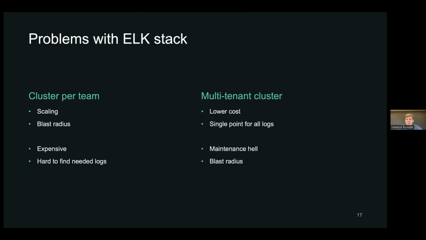When some team, for example, starts writing lots of logs into your Elasticsearch cluster and it goes down, all the teams can't see their logs. We actually had a production incident where we needed logging for debugging, and it didn't work because another team wrote too much to Elasticsearch.